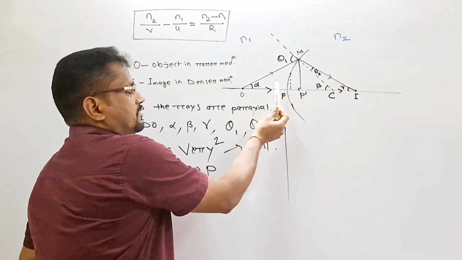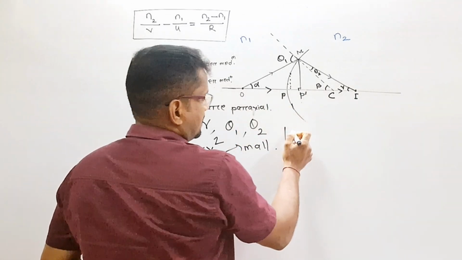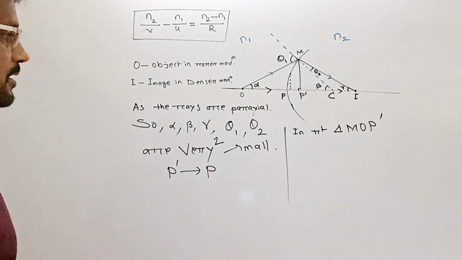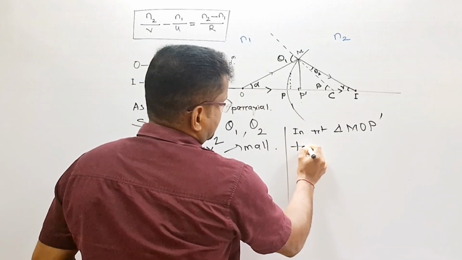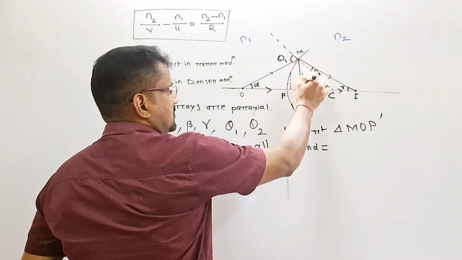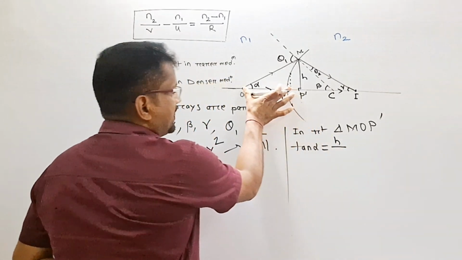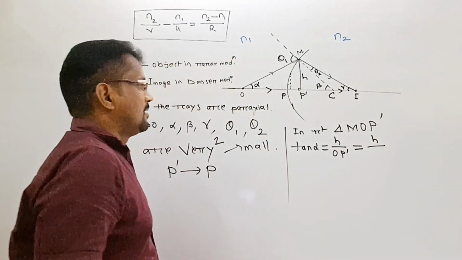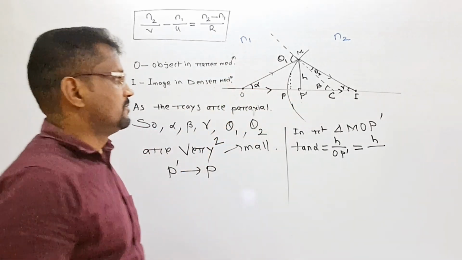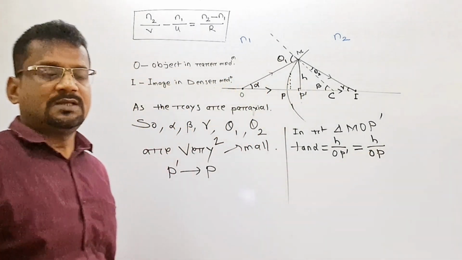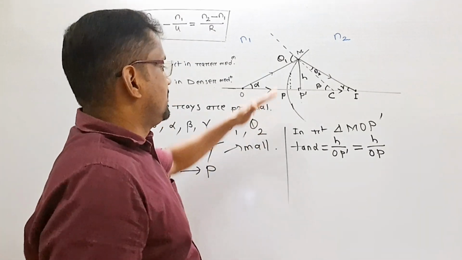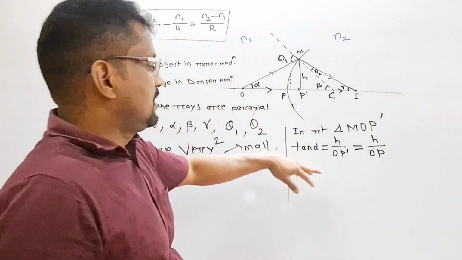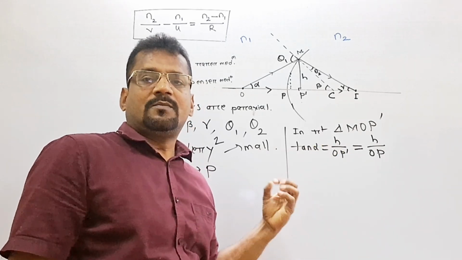এতিয়া আমি করব কি, in this right triangle MOP dash, এই right triangle তুমি কি পাবা, tan alpha equal to perpendicular, say it is your h, so h by base OP dash, equal to h by, আমি যেহেতু রেস বিলাক প্যারাএক্সিয়াল, তো p dash ৰ জায়গাত তোমালোকে p লিখিব পাৰা, equal to h by OP. এতিয়া আৰু এটা কথা আছে, যেতিয়া tan alpha equal to alpha হৈ যাব, because alpha is very much smaller.